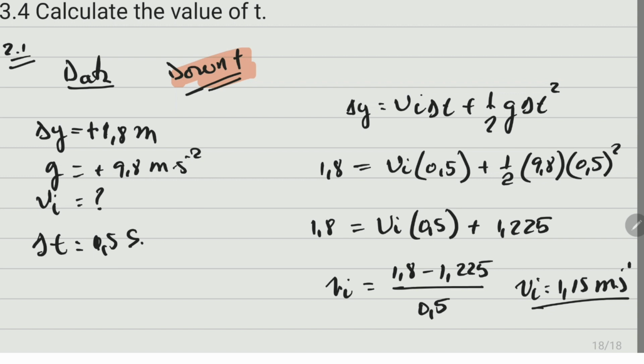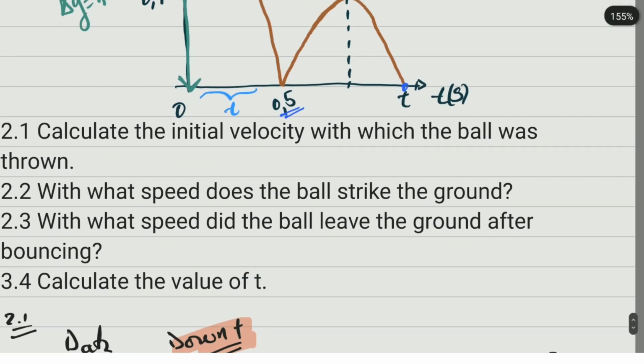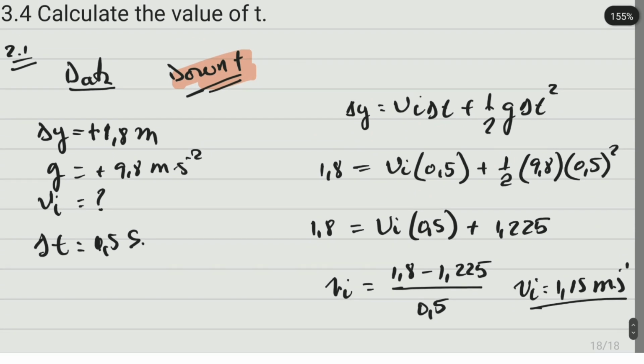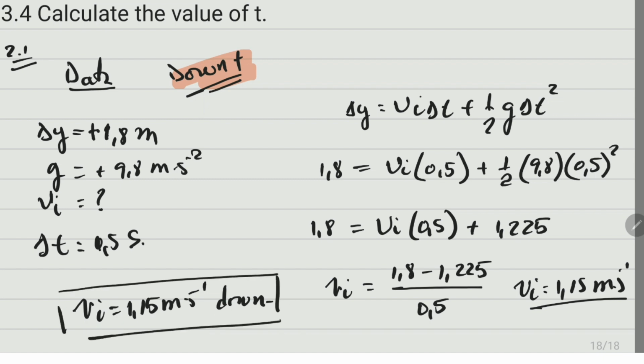And this is the final velocity there. Now in the question, they asked to calculate the initial velocity with which the ball was thrown. So we have to give direction. So to give the final answer correctly, initial velocity is equal to 1.15 meters per second. I'm going to write down. Okay, and this is the final answer for this first question. Quite easy. So that was question 2.1.